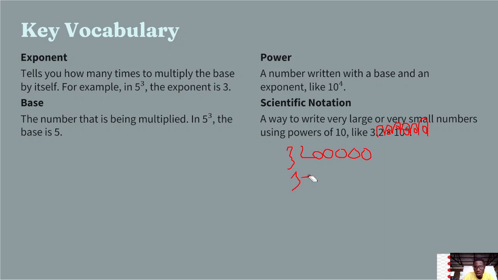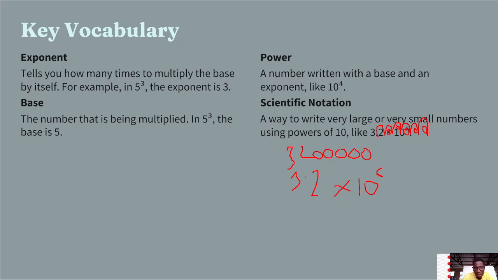So instead of writing 3,200,000, you simply write 3.2 times 10 exponent what? 6. So you see, this is what we refer to as scientific notation.